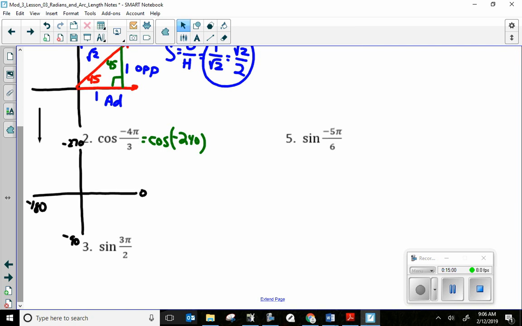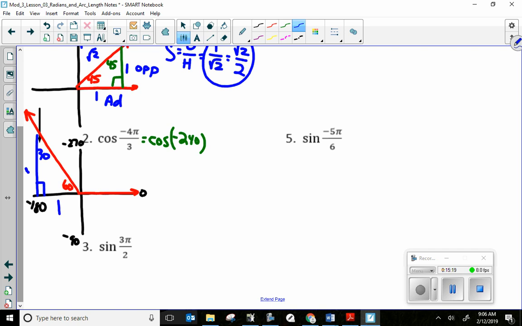So it's going to be in quadrant 2. Here, 240, it's slightly closer to 270. That means this is 60 degrees. If I draw a triangle, I now have a 30, 60, 90. That's 1, radical 3, 2.